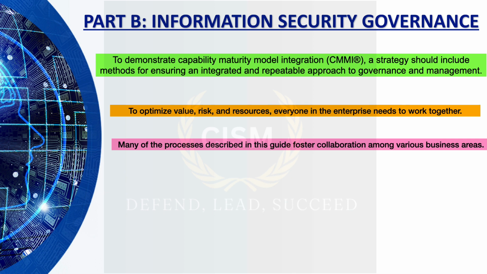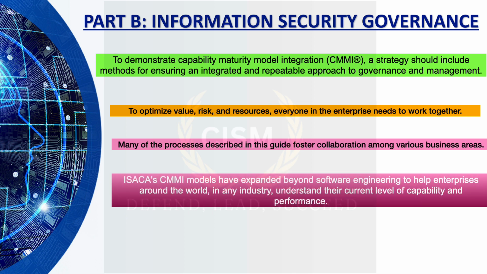Friends, for instance, implementing cross-functional teams or utilizing collaborative tools fosters a collective approach, breaking down silos and ensuring that the different business units work together seamlessly to achieve the common objectives outlined in the guide.